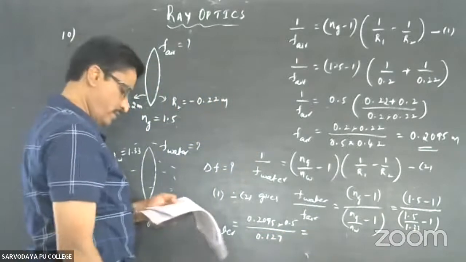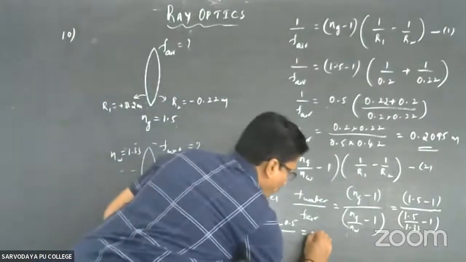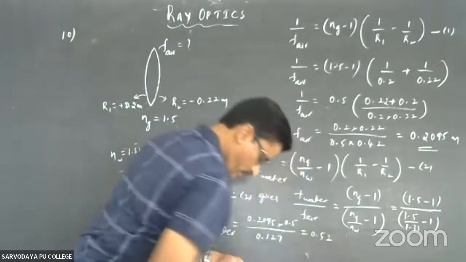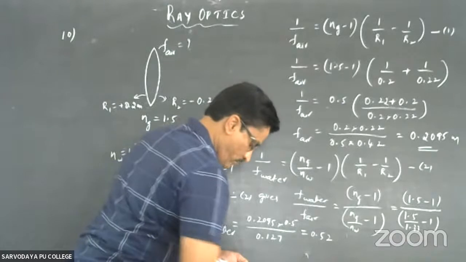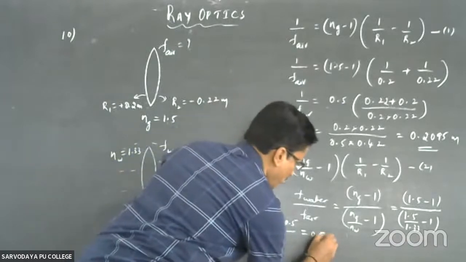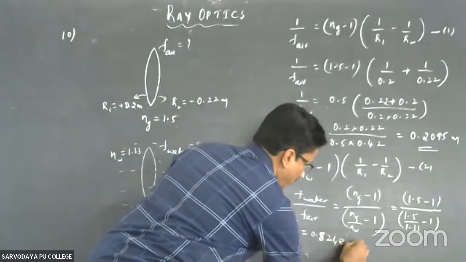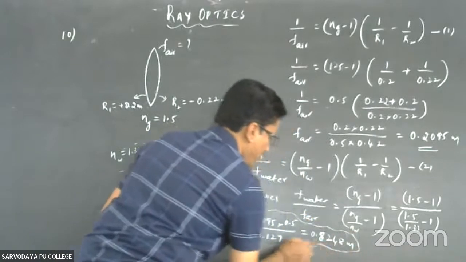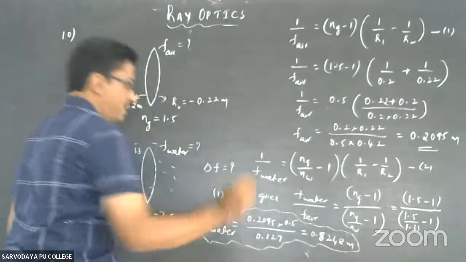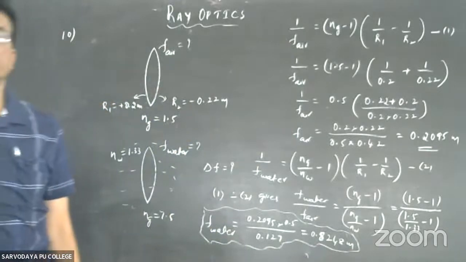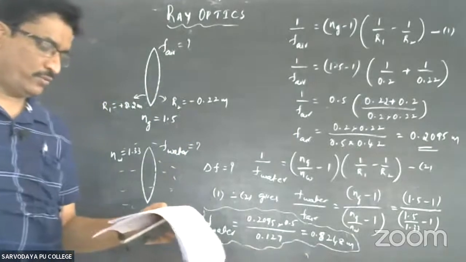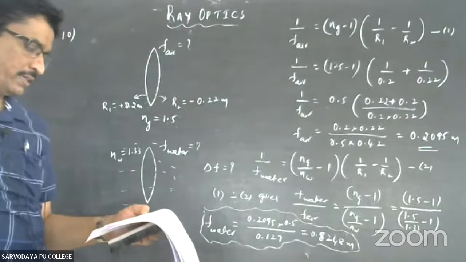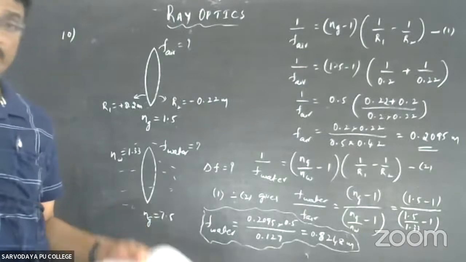And the answer is 0.8248 meter. This is the simplified value, the focal length in water.